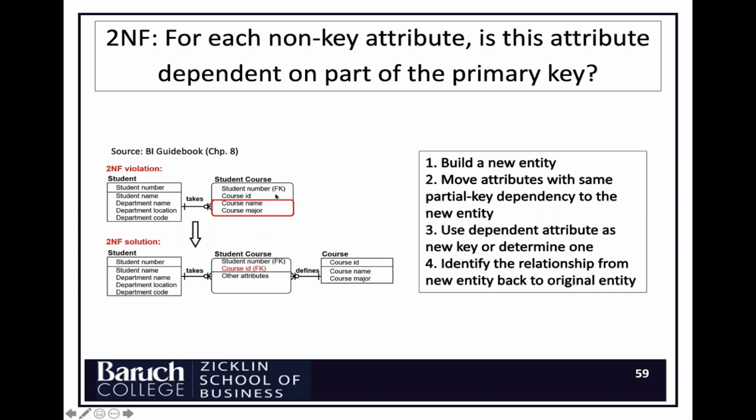So in this example, we had a student number and course ID. That's fine. All the other attributes can still be there, but any information that's related to the course will be moved to the new entity. And again, same as before, we identified the relationship. So a course can be taken by multiple students, one to many.